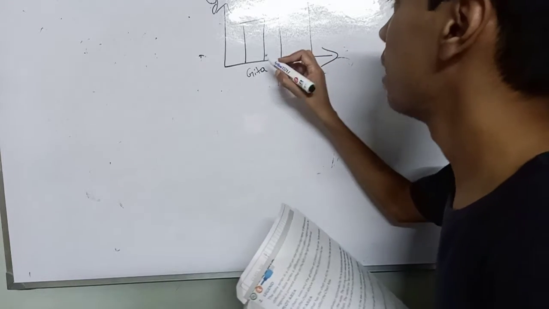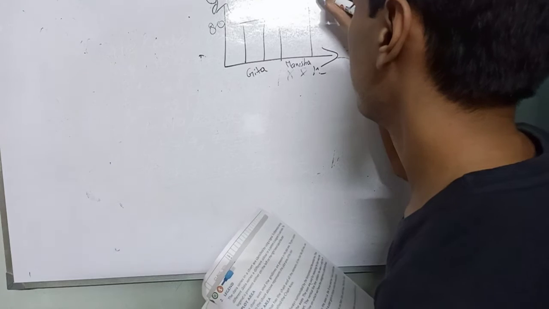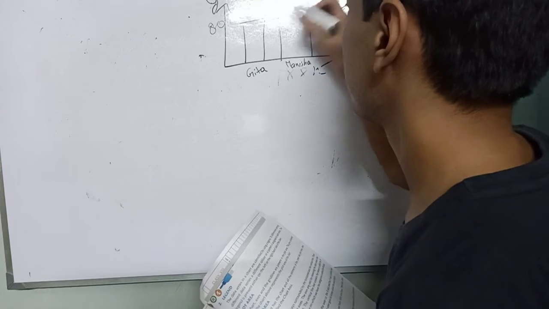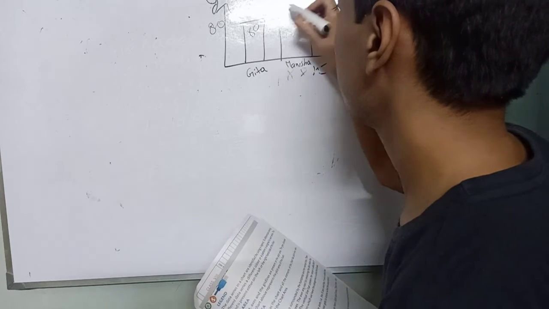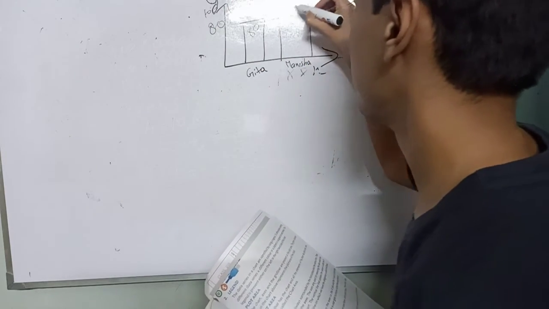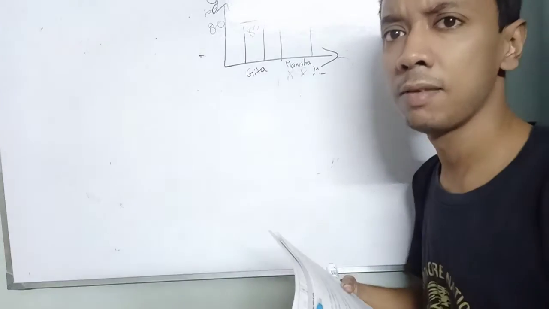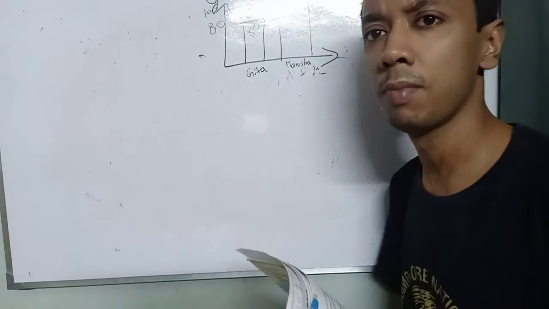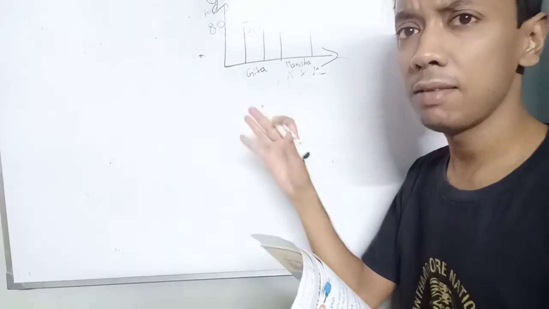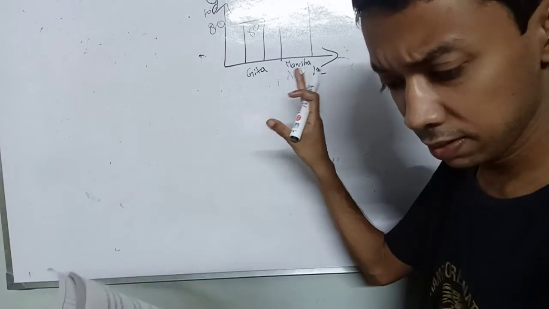Suppose Geeta in maths has scored 80, whereas Manisha has scored 100. Manisha has got the highest marks, 100. So like this, I am plotting the graph.